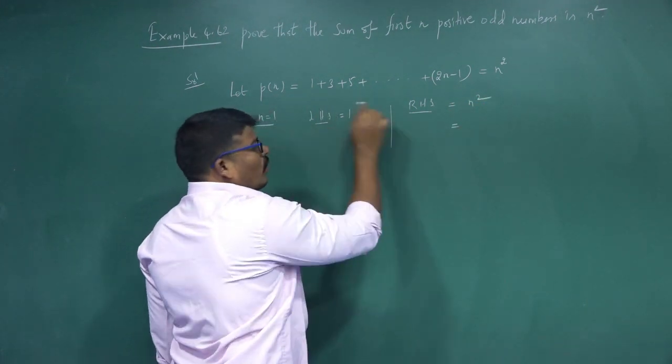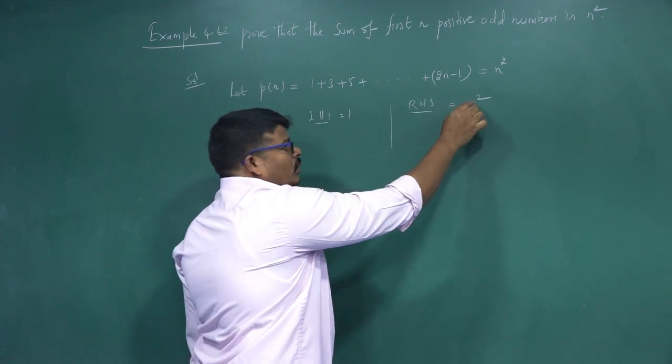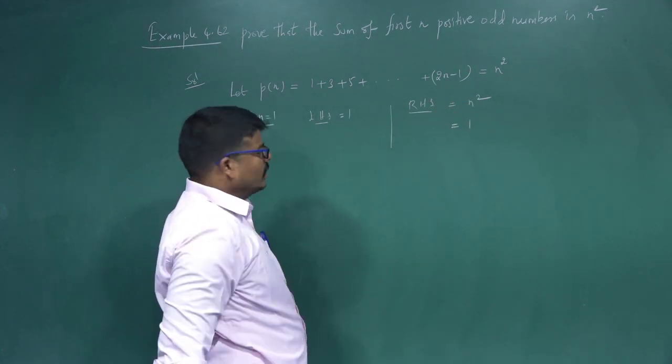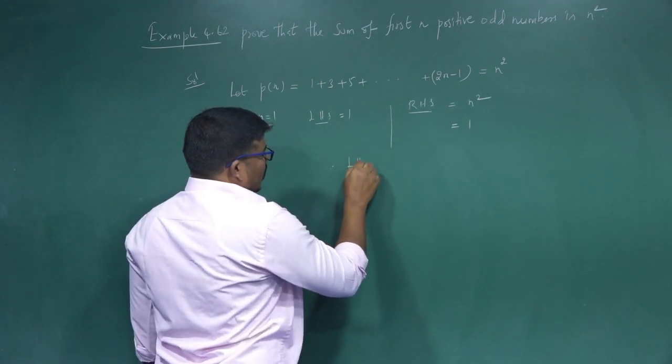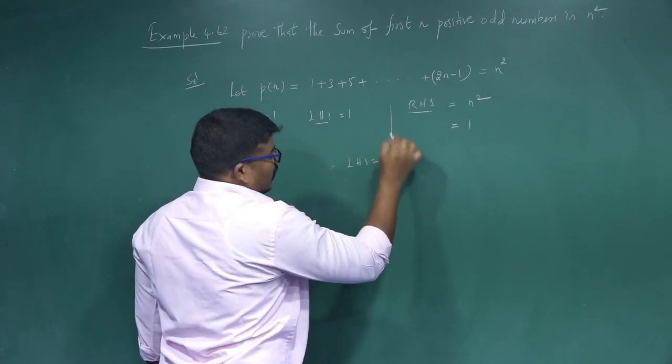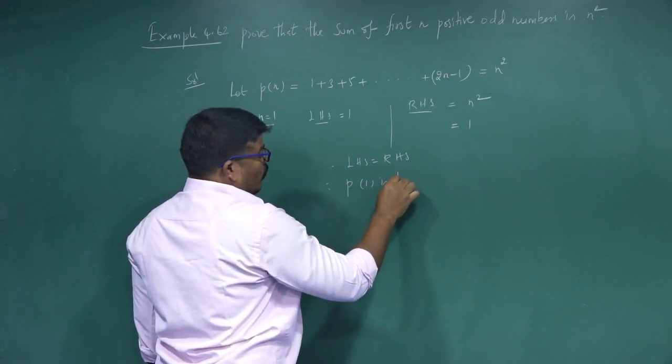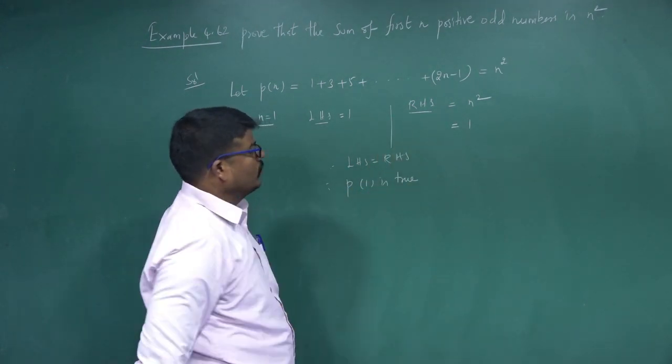Put the value n equal to 1 and substitute in RHS: 1 square, 1 square is 1. So LHS equal to RHS. Therefore P of 1 is true.